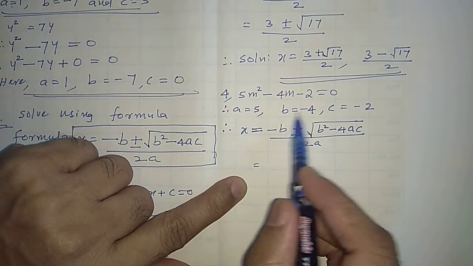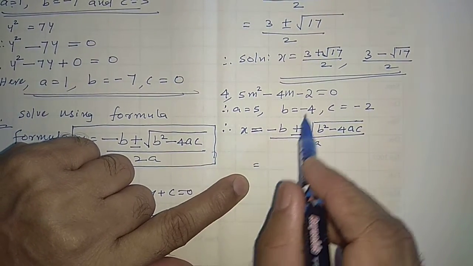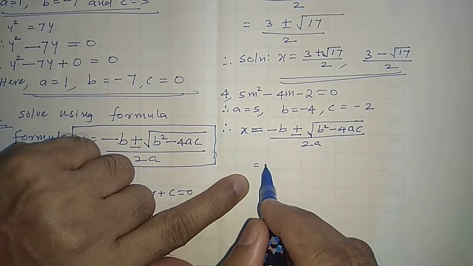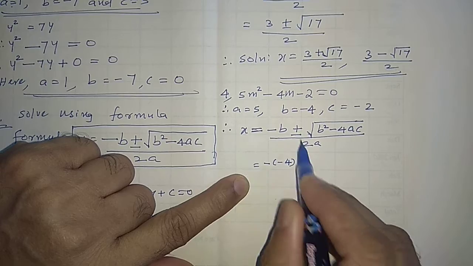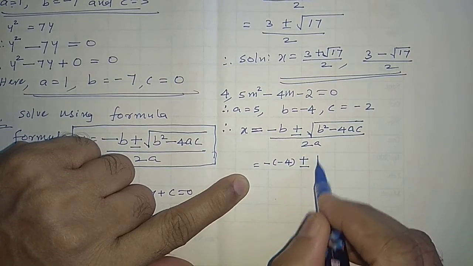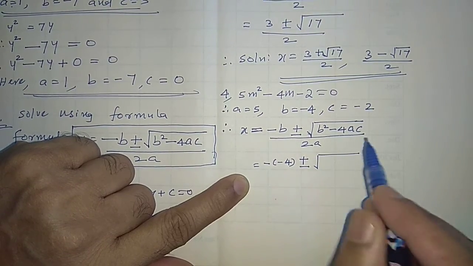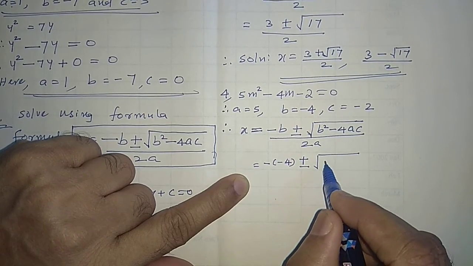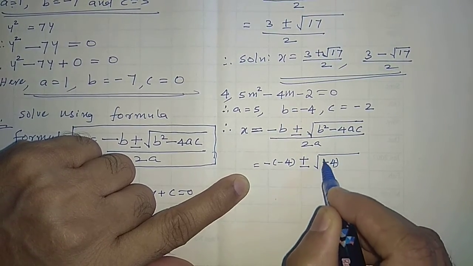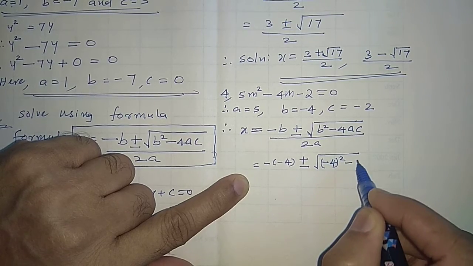Here b is minus 4. So minus b is minus of minus 4, which is plus 4. We write here minus of minus 4 plus or minus root of b square. b is minus 4, and minus 4 on squaring is plus 16.